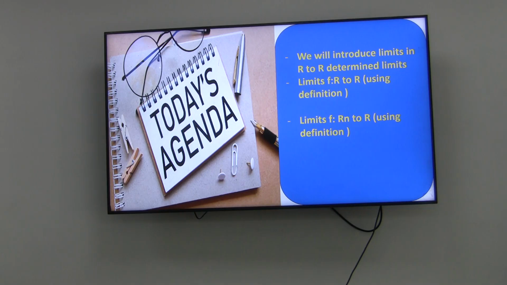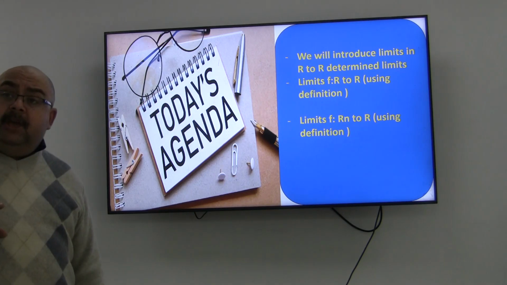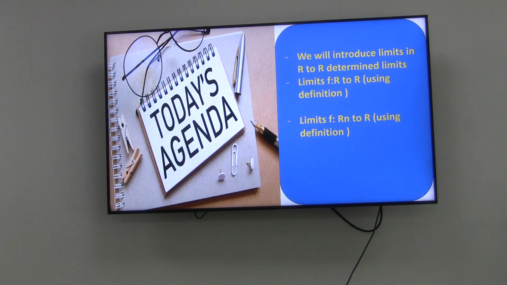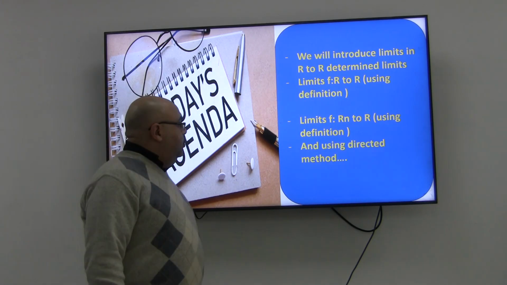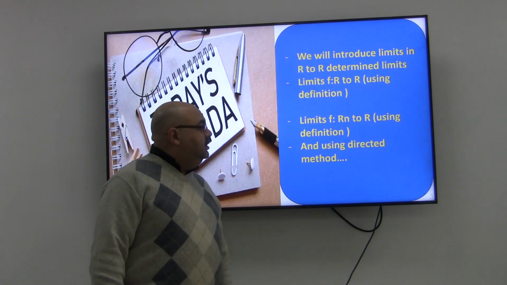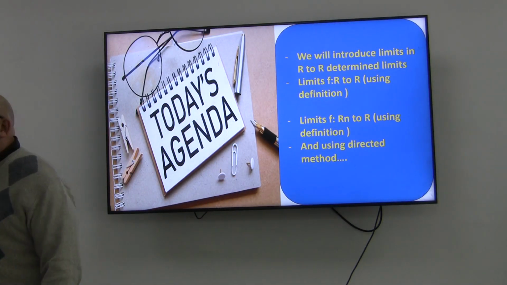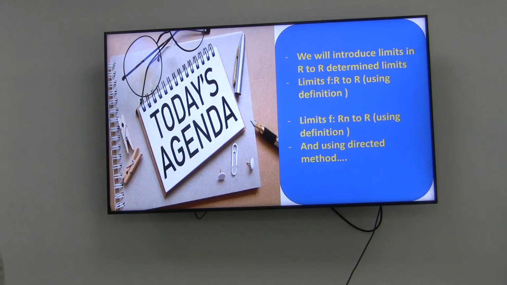This point I will delay a little bit till the end of our lecture today. Hopefully we will be able to go through this and the remaining will be continued tomorrow. But it's really very important to understand why we are using the definition. If we can evaluate the limits directly, why do we have to use the definition? I will tell you. Limits from Rn into R using definition and using direct methods. Mainly, these are the topics that we are going to speak about today, inshallah.